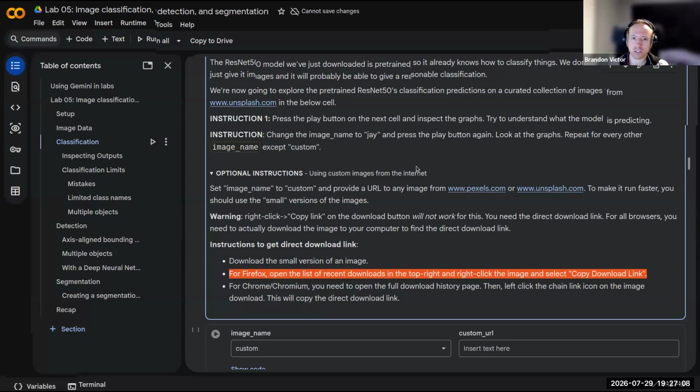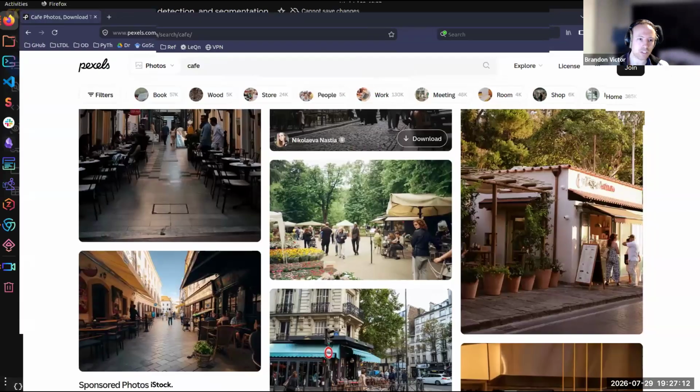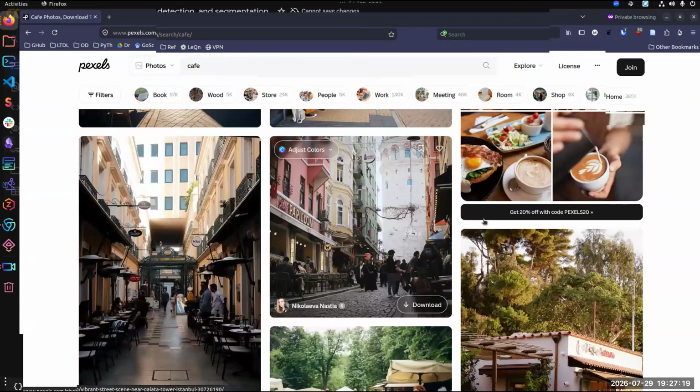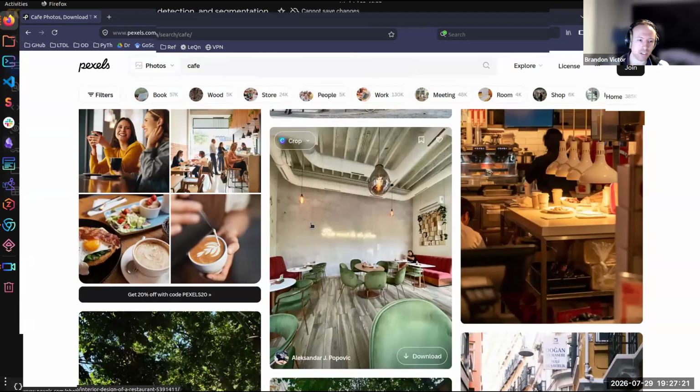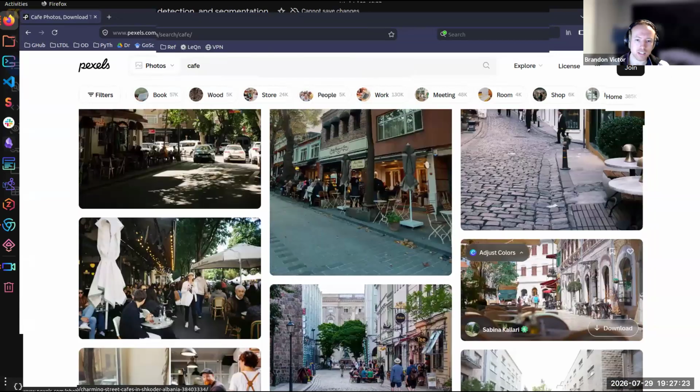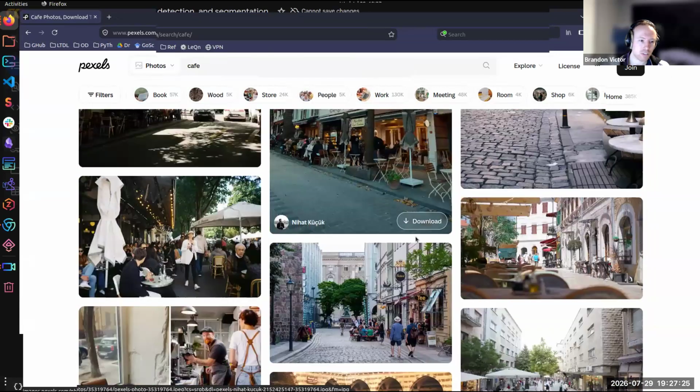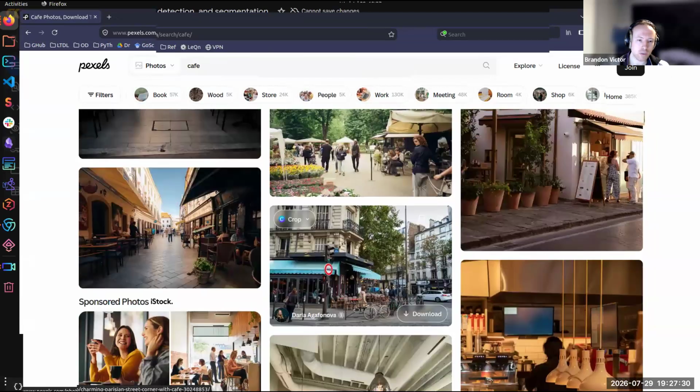I'm actually going to show you it in action. Can you see this change to a different thing? I've just searched cafe, just a random thing. Let's grab an image from cafes. I'm going to give it this one.